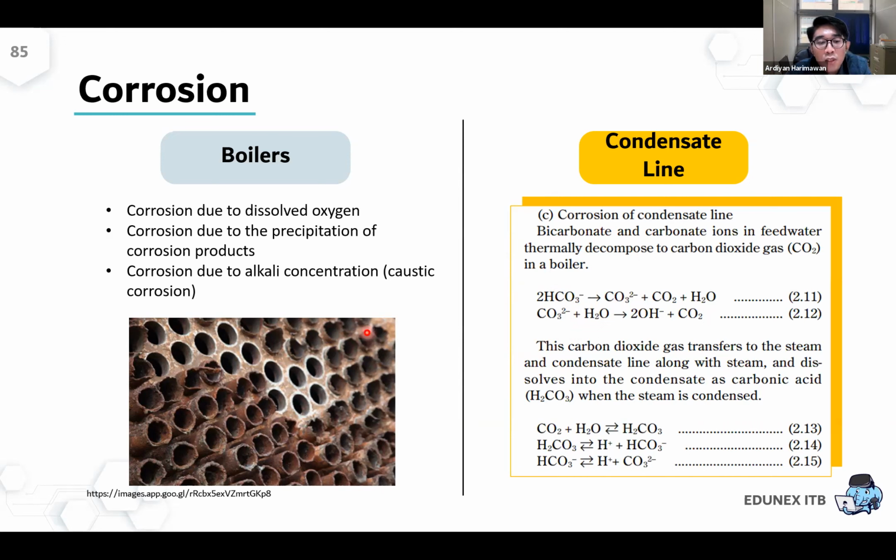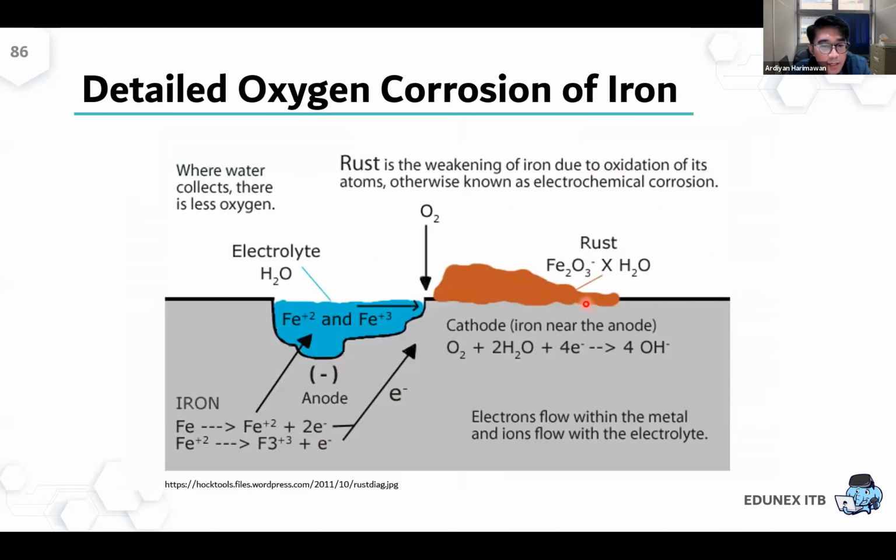And of course, you can reduce the dissolved oxygen by using the oxygen scavenger chemicals. I think I won't explain in detail about the corrosion mechanism. If you are interested, you can take the corrosion class.